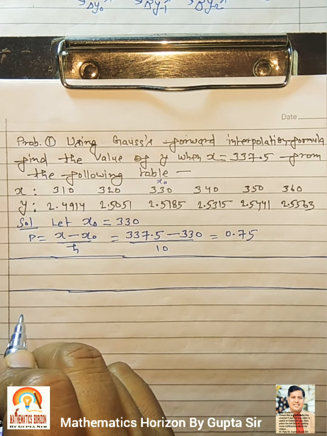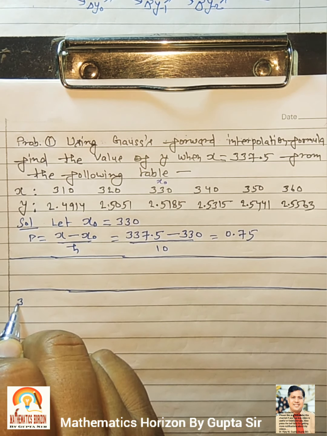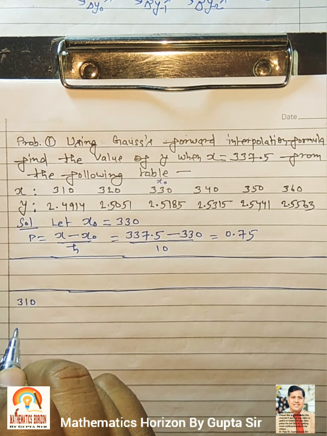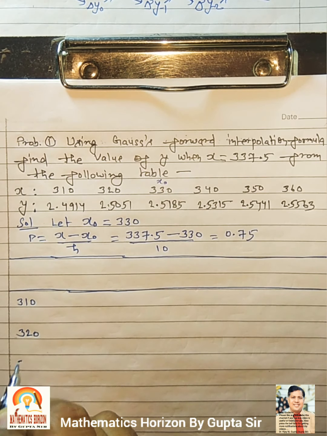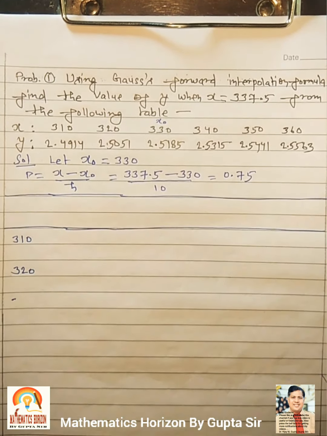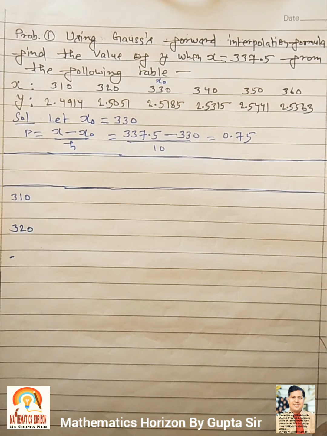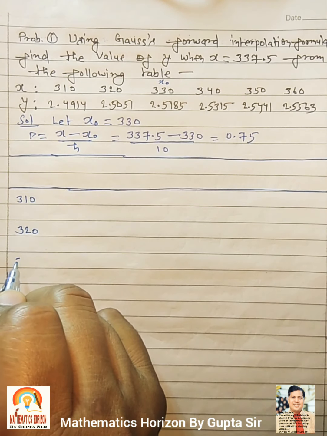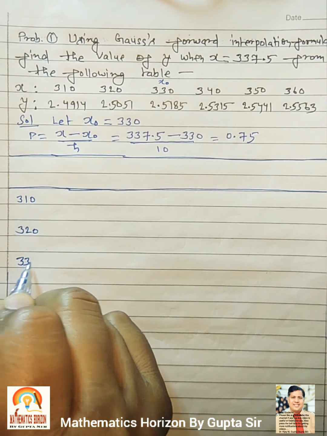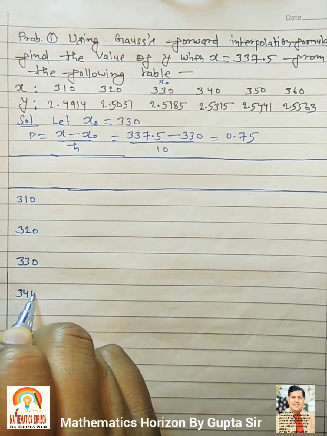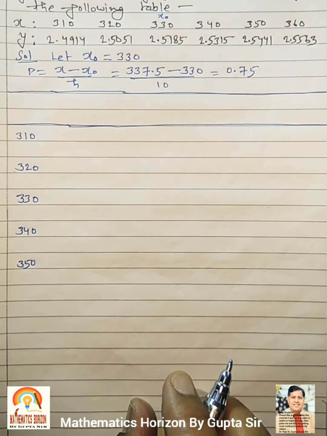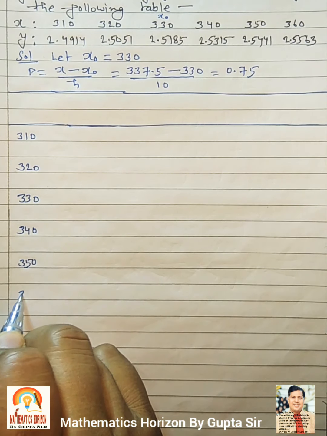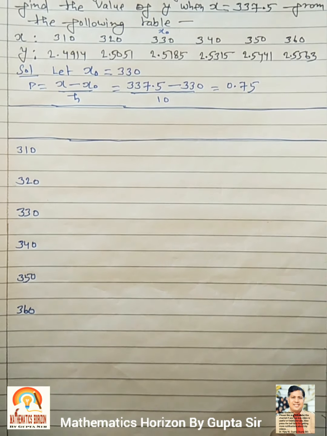That is, here we write 310, 320, 330, 340, 350 and 360.